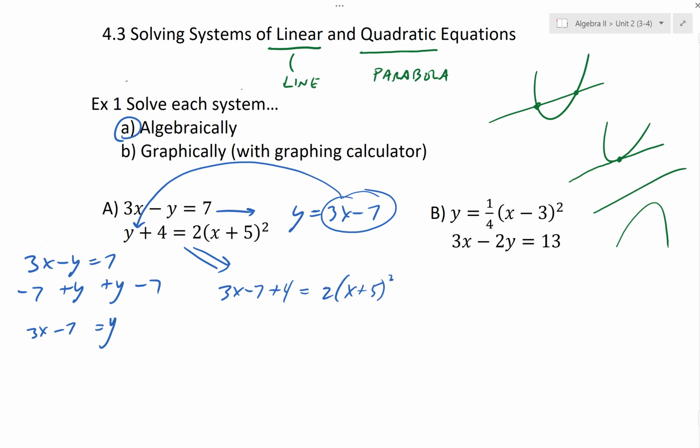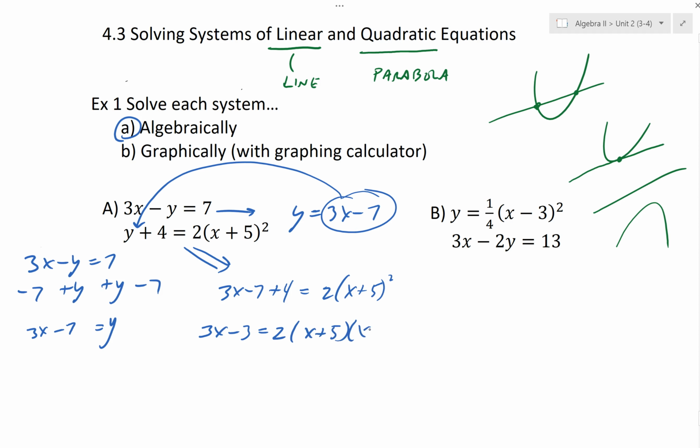And so now if we expand this out, simplify as much as we can, so this is now 3x minus 3 equals 2 times, what's x plus 5 squared? X squared plus 10. Hopefully no one says x squared plus 25. Because when you multiply x plus 5 times itself, what do you really get?